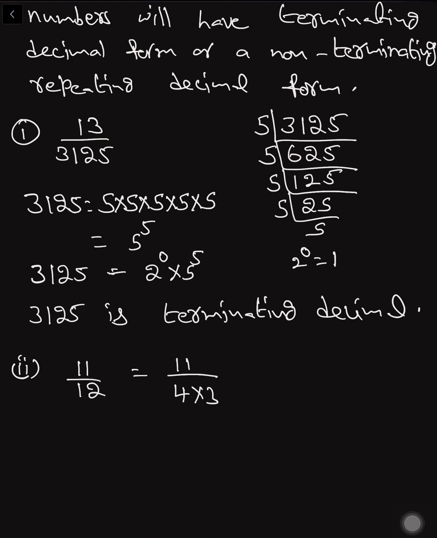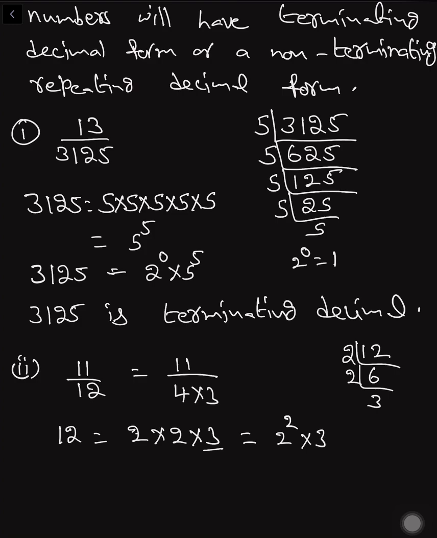Otherwise, you can do prime factorization of 12. 12 is equal to 2 into 2 into 3. Here 3 is other than 2 and 5. In the prime factorization of 12, we have a number other than 2 and 5, that is 3.